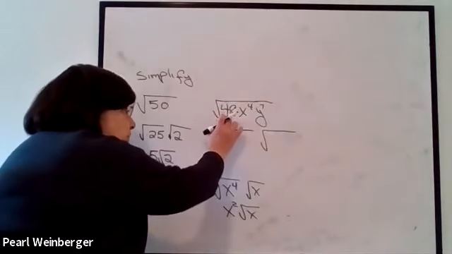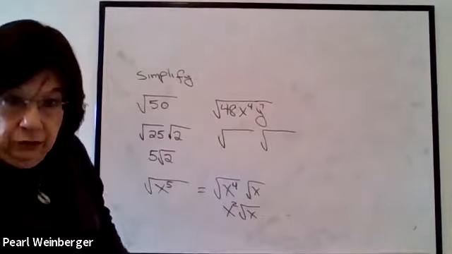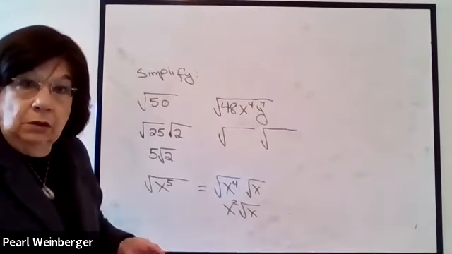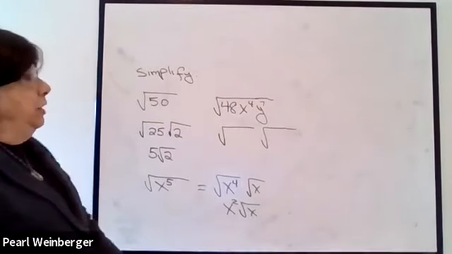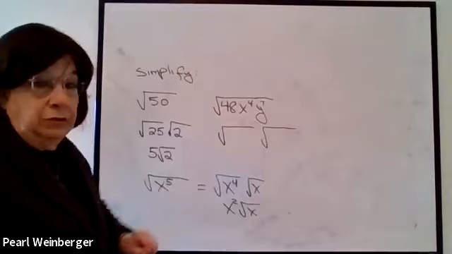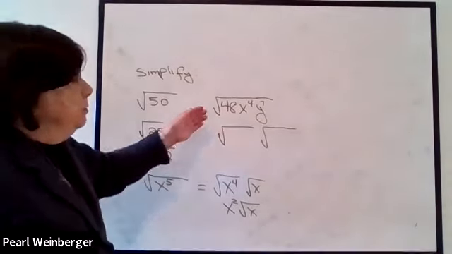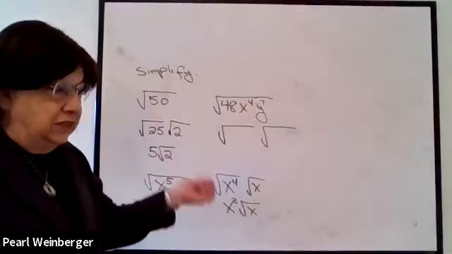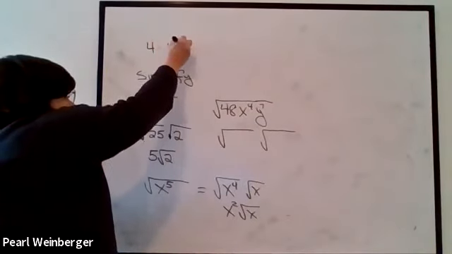Okay, so now we look at the 48. What number can we break 48 into? Well, if you think about it, 48 is 16 times 3. And 16 is a perfect square. Now, somebody might have said 4 and 12, but 4 times 12 is also 48.